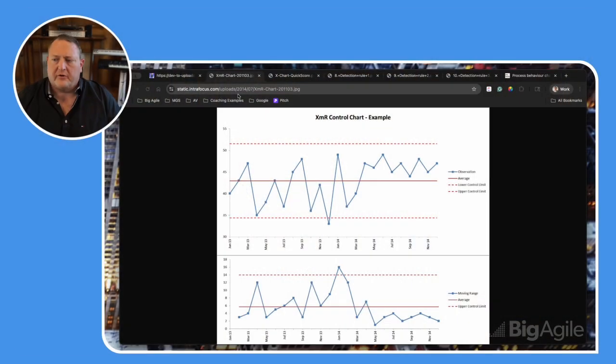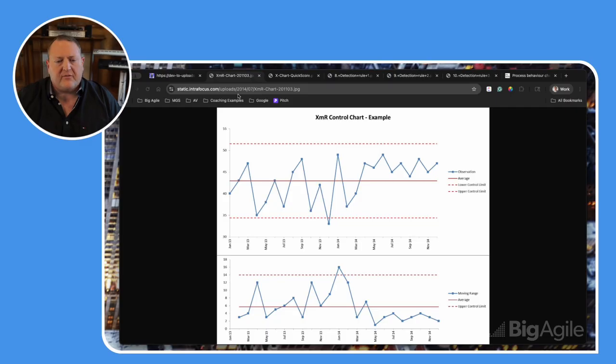You're going to make sure that those charts show the average. Going back to our first graph, make sure that they are showing the average, a center line, I guess is what we would say, and then the limits. We have spreadsheets that can help you figure those things out.